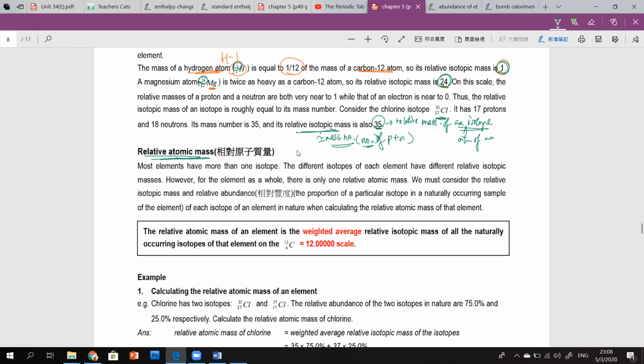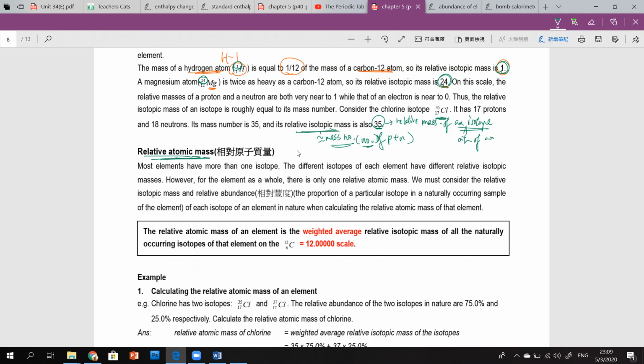Okay, so it is quite difficult to search in bulk. Some of them are heavier isotopes, one of them is lighter. So that's why we come up with another concept. We call that relative atomic mass. So you just randomly pick up, for example, 100 or 1000 atoms having their own percentage of different isotopes, making that element.